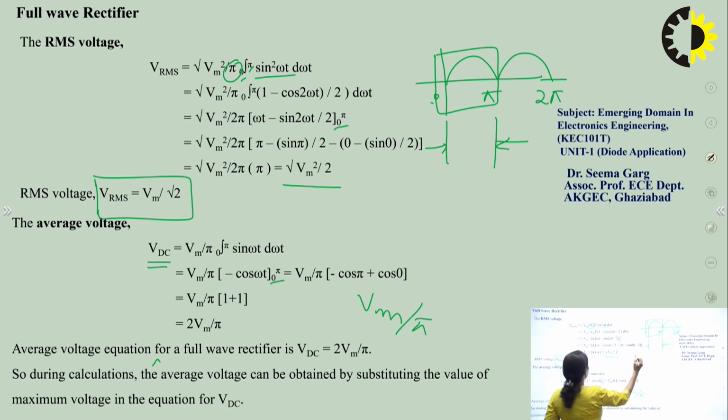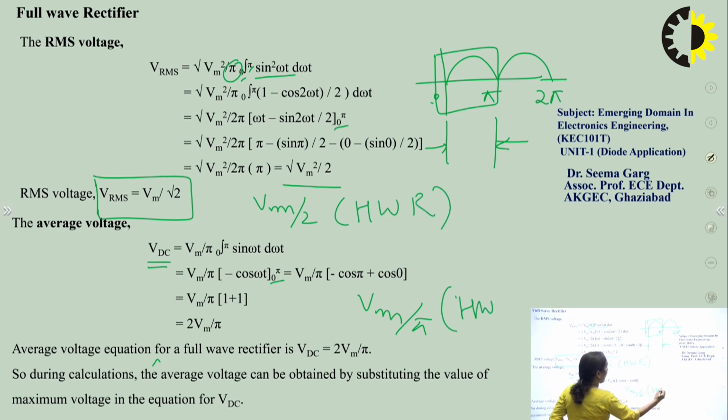And for VRMS, it was Vm by 2 in the half wave rectifier. So here you can compare the two parameters, VRMS and VDC, or the average value.